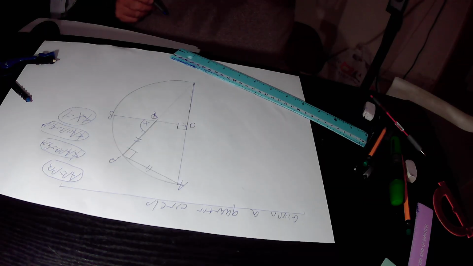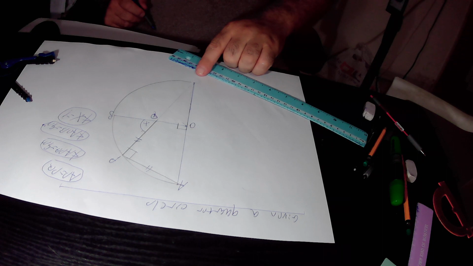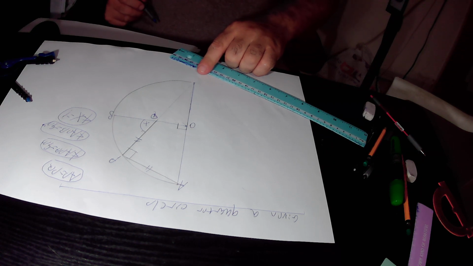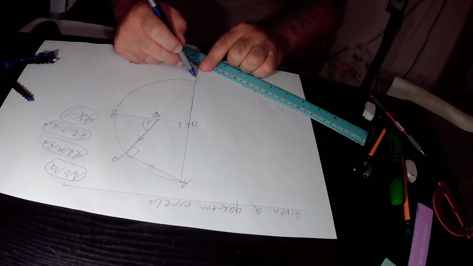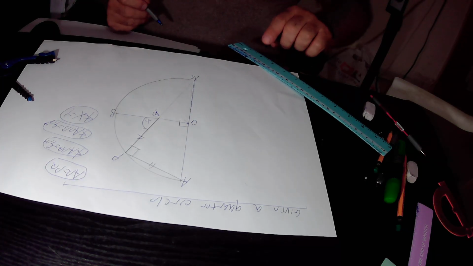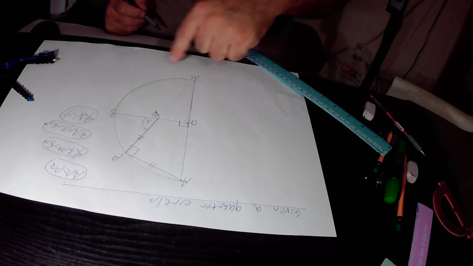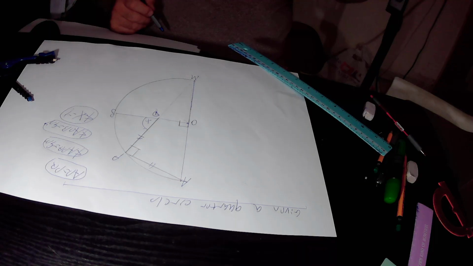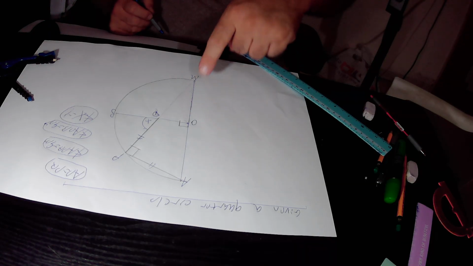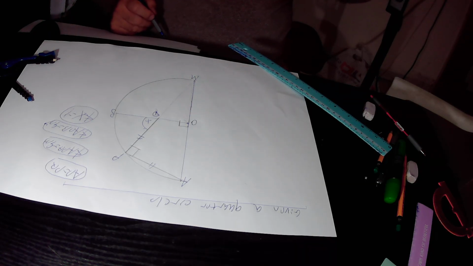So we completed the quarter circle to a semicircle. We find this point as point M. So ABM is a quarter circle, and therefore AM is the diameter according to our construction.